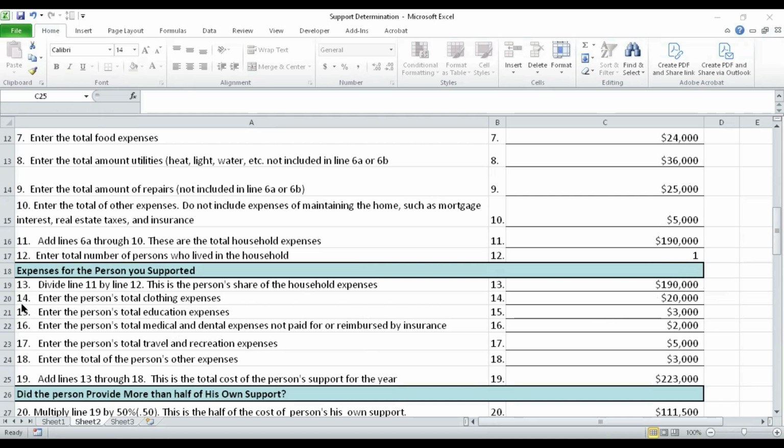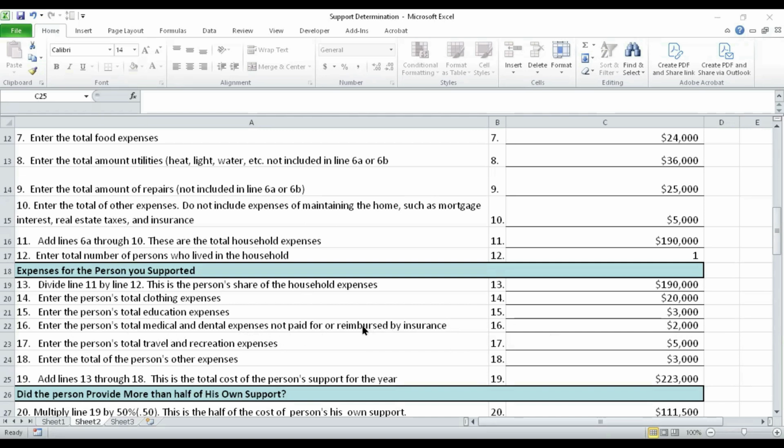On line 14, his total clothing expense is 20,000, and his total education expense, CE credits and continuing education courses, is equal to 3,000.